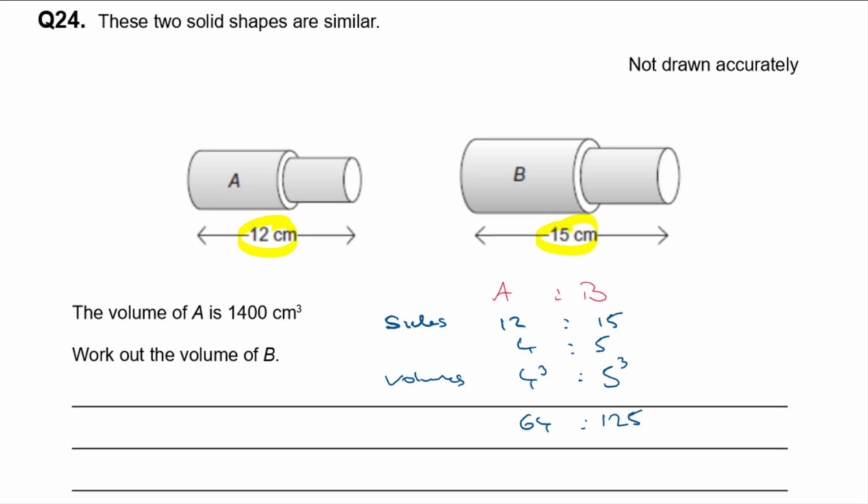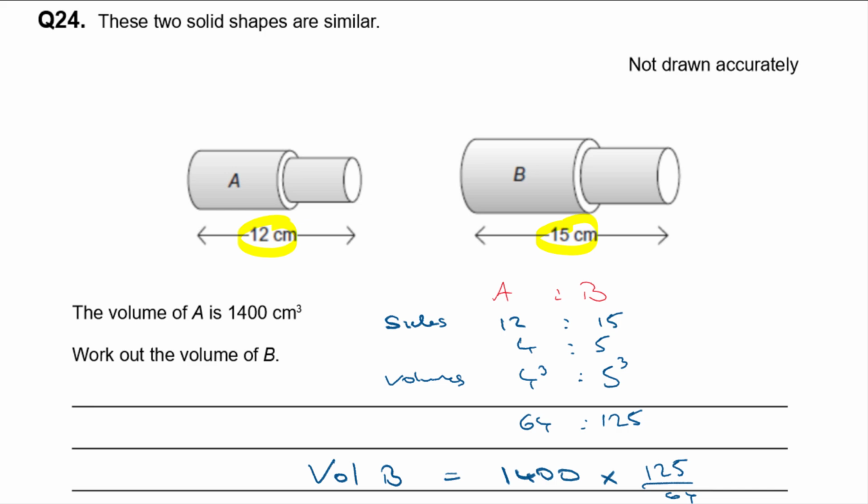Okay, so the volume of B is going to be the volume of the smaller one, 1400, and then we need to divide it by 64 and times it by 125. So it's going to be 1400 times by 125 and divided by 64.